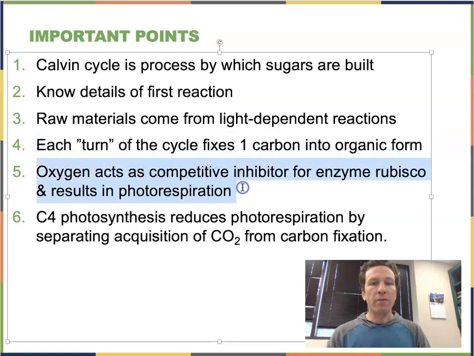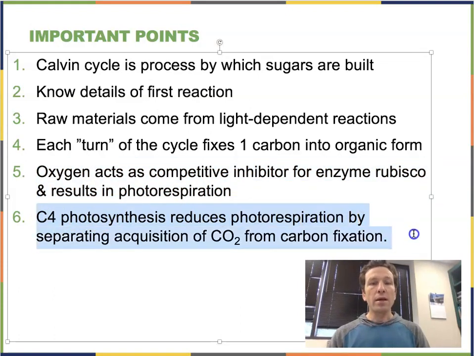Then, with regard to photorespiration, you need to know that oxygen is a competitive inhibitor for the enzyme Rubisco, and when oxygen is incorporated by this enzyme, the process of photorespiration rather than the Calvin cycle follows. And this is bad for several reasons. It requires ATP, and it results in the release of carbon dioxide instead of the capture of it.